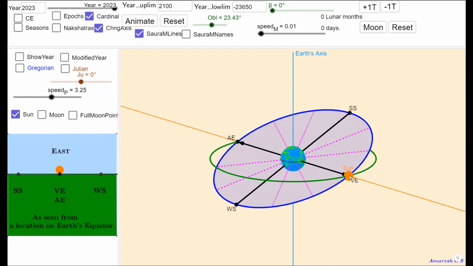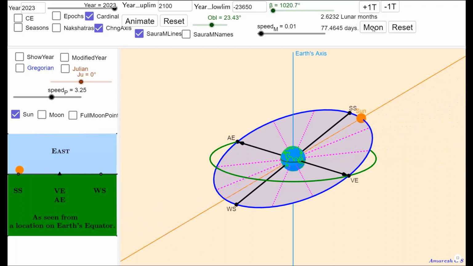The solar year in an Indian Hindu luni-solar calendar system begins with the day of vernal equinox. When the sun travels through 30 degrees as seen from the earth, one solar month is complete. When it goes through another 30 degrees, the second solar month is complete. When it goes through the third set of 30 degrees, the third solar month is complete.